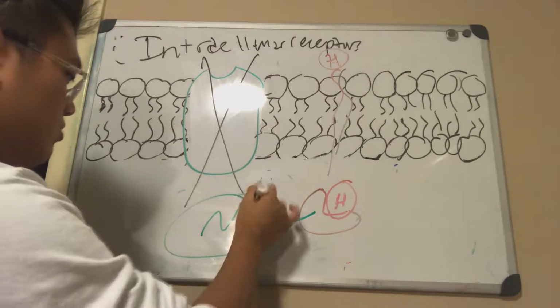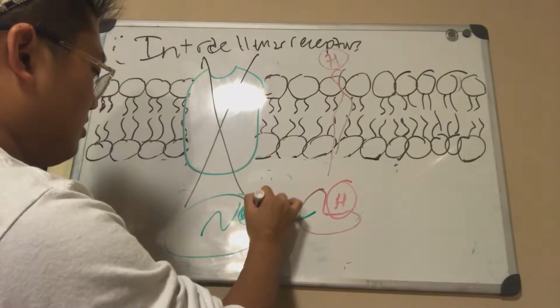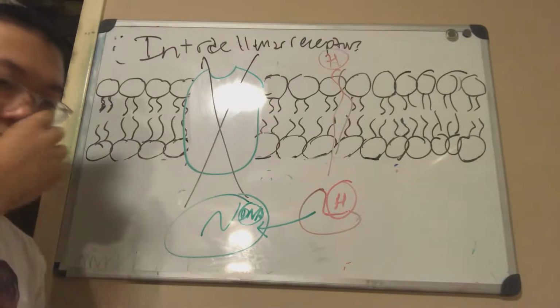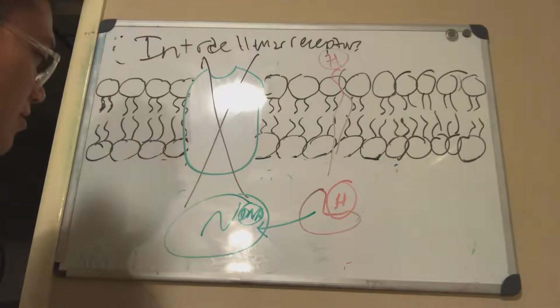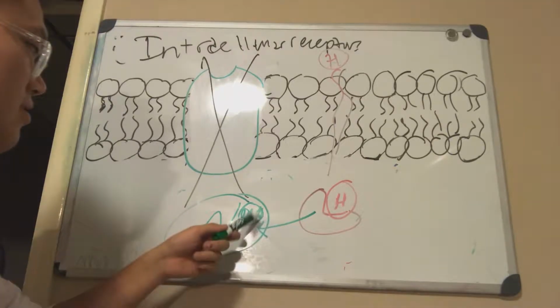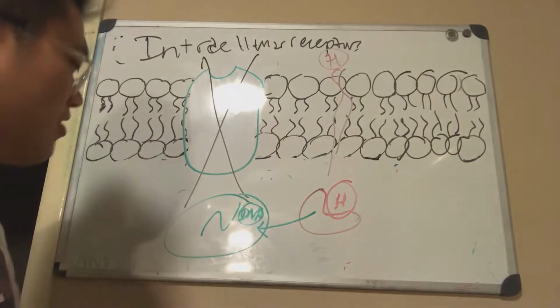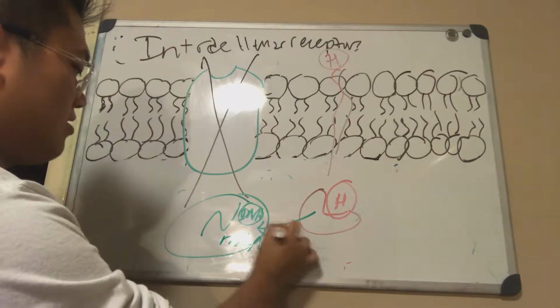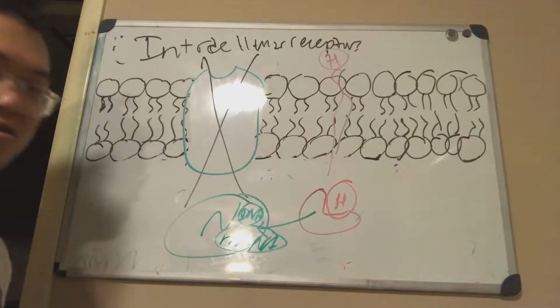In the nucleus, there are specific genes, so DNA. The intracellular receptor acts as a transcription factor because it transcribes mRNA from the DNA. So it pretty much activates and starts it, and it forms mRNA.